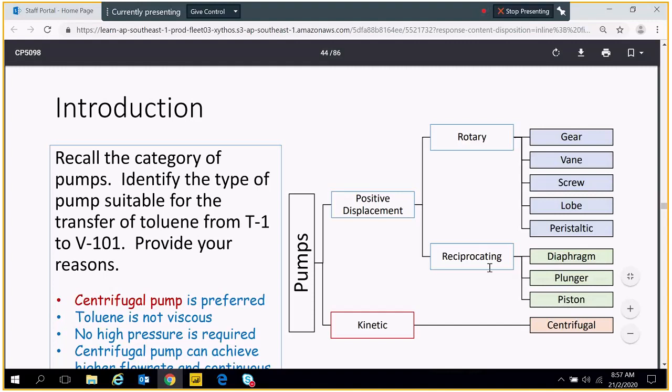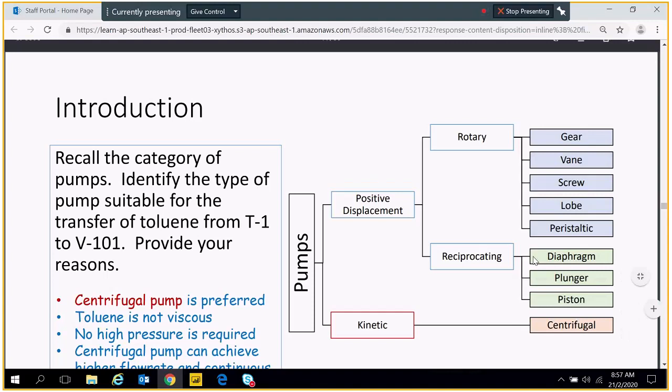That's rotary, but reciprocating is good for very viscous liquid. You can also use a gear or screw or lobe pump for viscous liquid. Now, if you're dealing with food manufacturing, you don't want contamination, so the food cannot touch the metallic part of the pump.